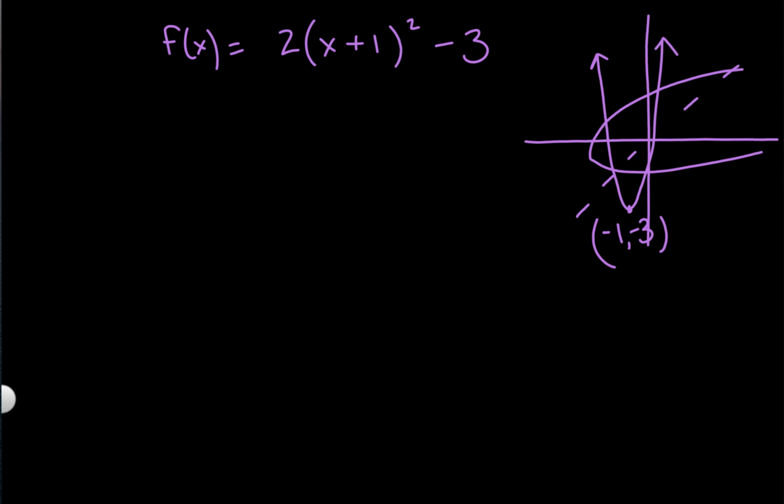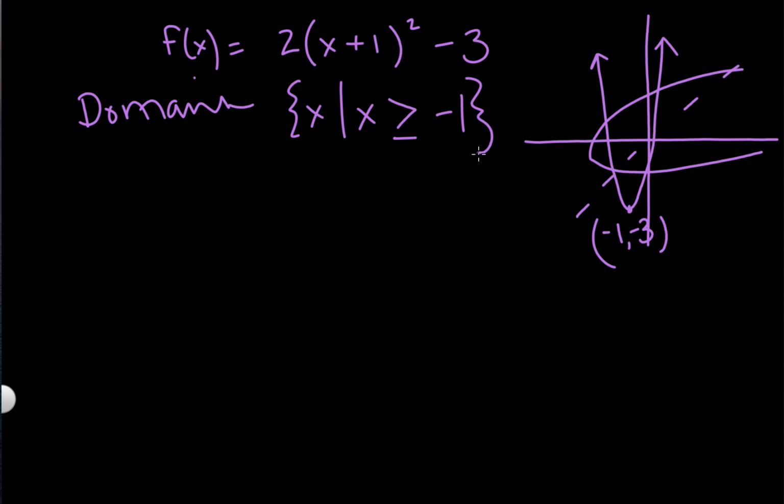This is a bad example, but there it is. I can limit the domain, say to the right-hand side, the section that's increasing. I can set my domain to be the set of all x such that x is greater than or equal to -1. And what that does is limit the function that I am reflecting to this right-hand side.